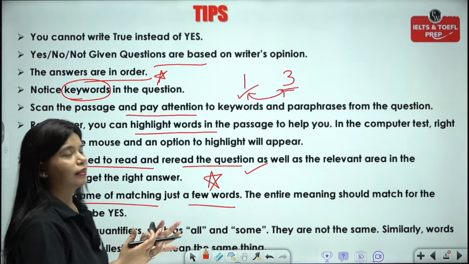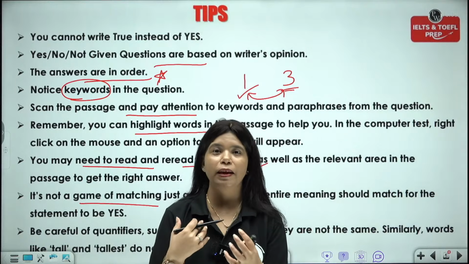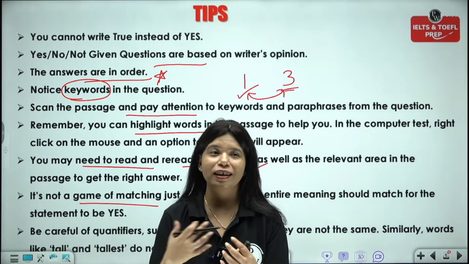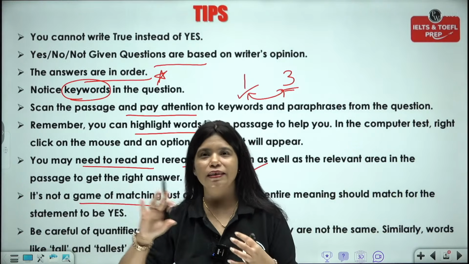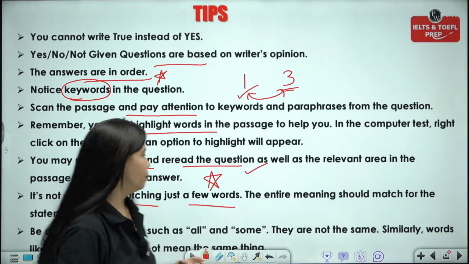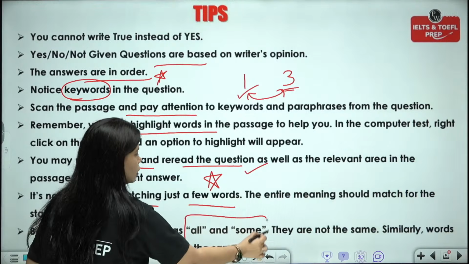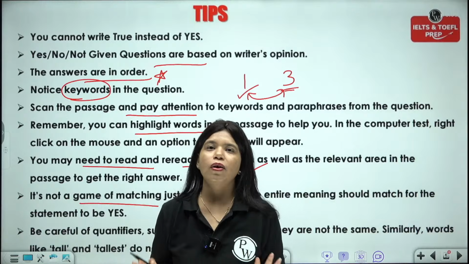Moving on, now this is a little bit of a tricky thing. They play tricks with you. They play games with you. They just twist the language. So who is they? Whoever is setting your IELTS question paper. So look here, be careful of these kinds of quantifiers. For example, all and some are not the same thing.